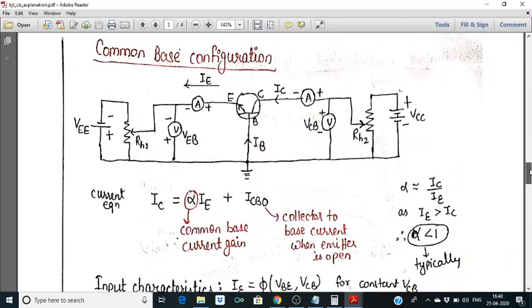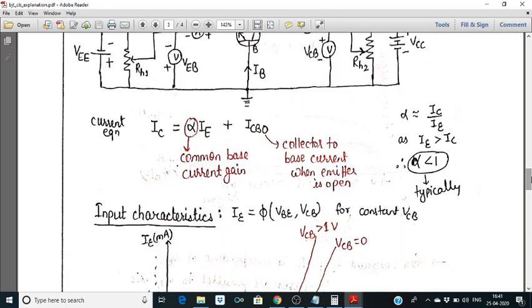For the common base configuration, we have this kind of circuit. Two rheostats are connected in the input and output to vary the input and output supply voltage. We have connected voltmeters in parallel to measure the voltage changes, and ammeters in series to measure the current.